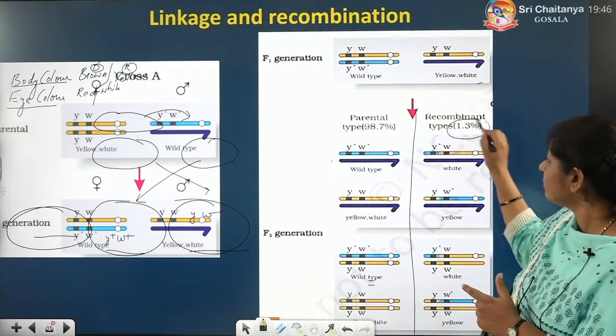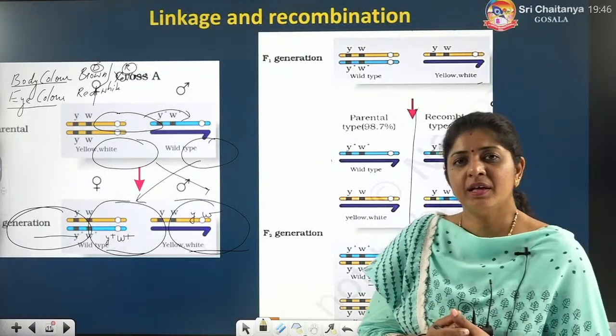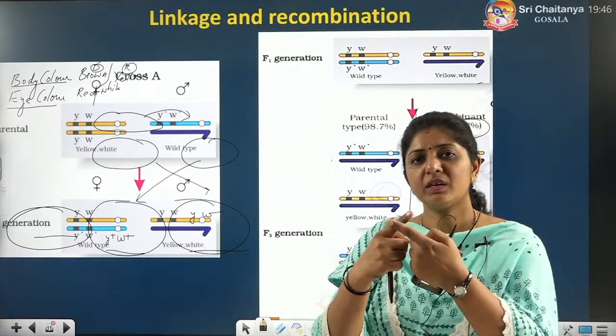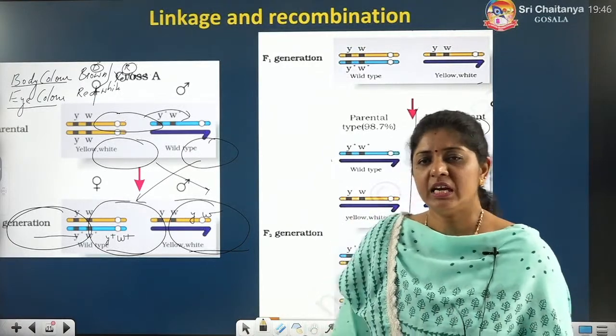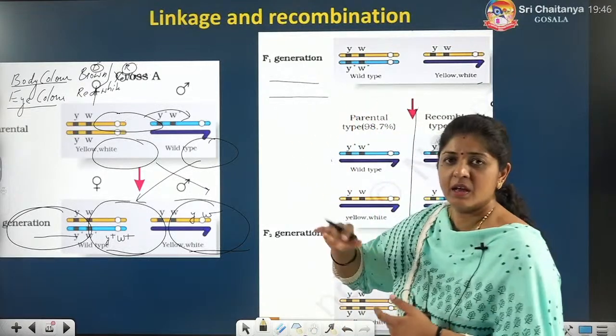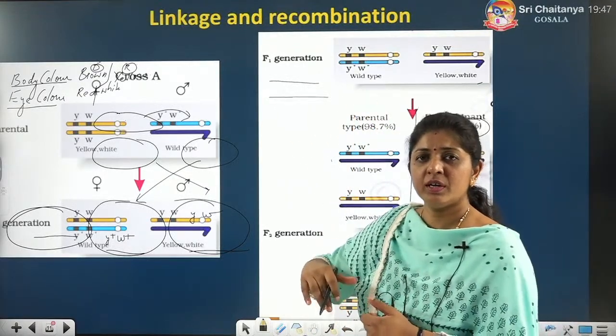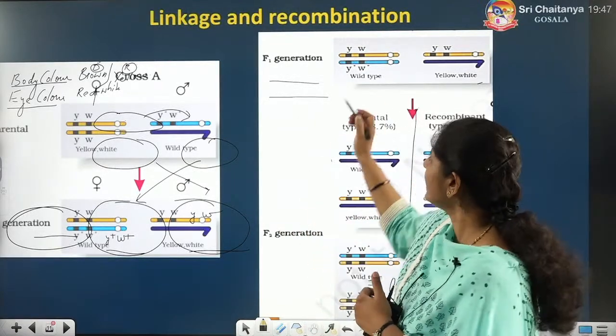That is 1.3%. You get this 1.3% when the probability of the genes to cross is 1.3%. Now suppose XX shows crossing over.